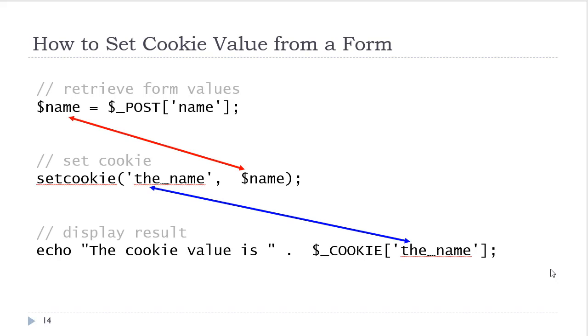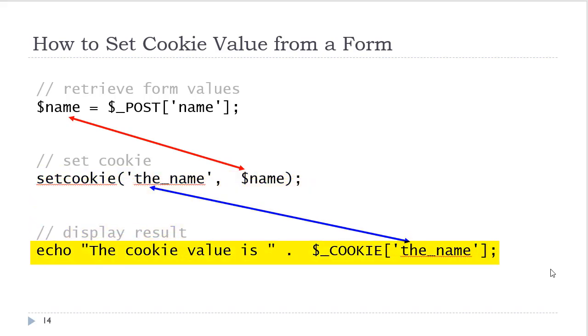So how would we work with data in a form? Typically, we would store a value from a form, as we see an example here, in a PHP variable, and then we would use that variable as the value of the cookie we are creating. And here we see the setcookie function creating the cookie called the_name.